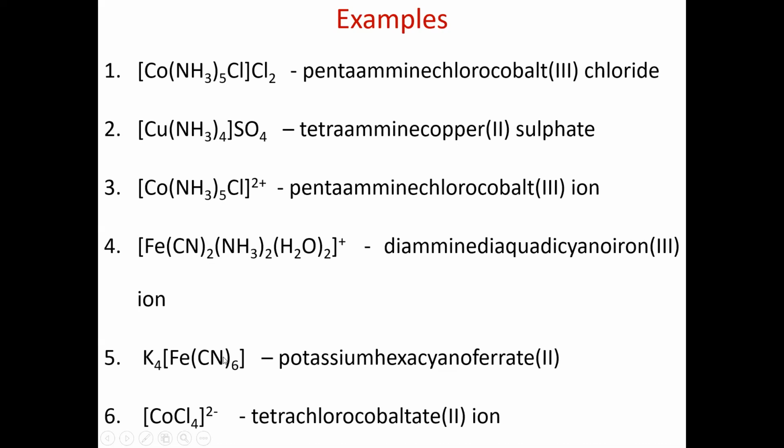That's cyano, which is an anion, yes. And that is why the ion is ending with ferrate. It would have been iron 3, isn't it? But because it's an anionic complex, that is why we are using the name ferrate.